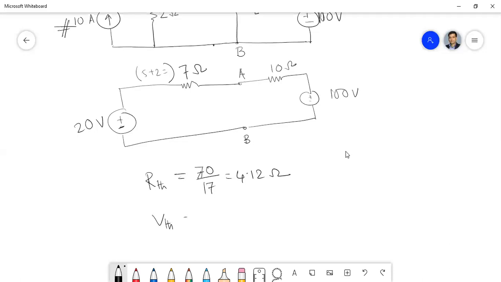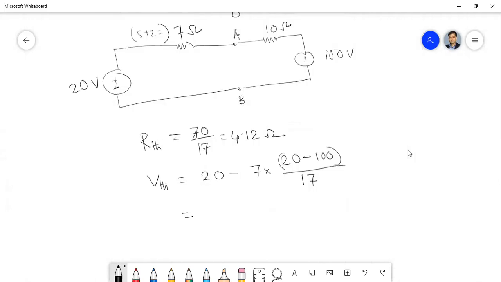Now VThev. What is VThev? Seven into 80 by 70 plus 20.